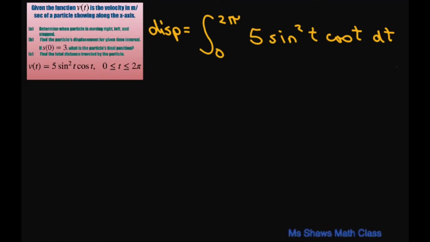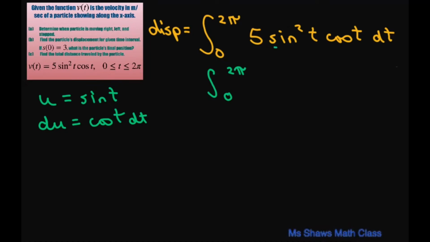I'm going to let u equals sine of t, so du equals cosine of t dt. So basically we have the integral from 0 to 2 pi, and then we have the 5, then u squared, and this is du.